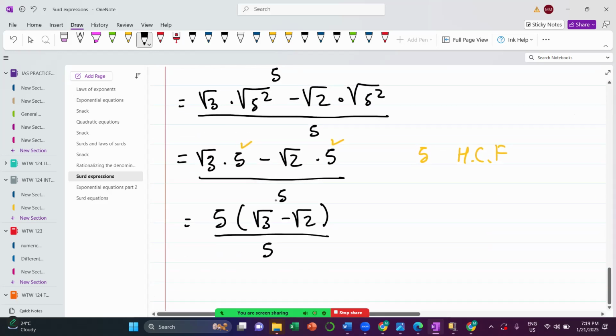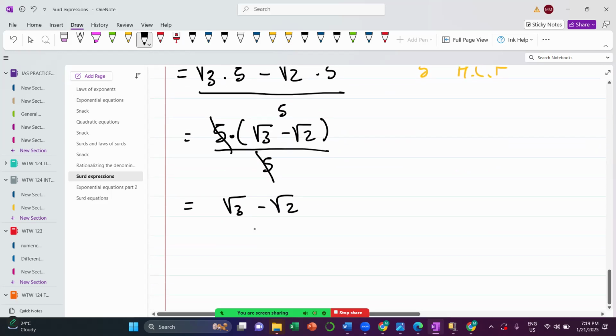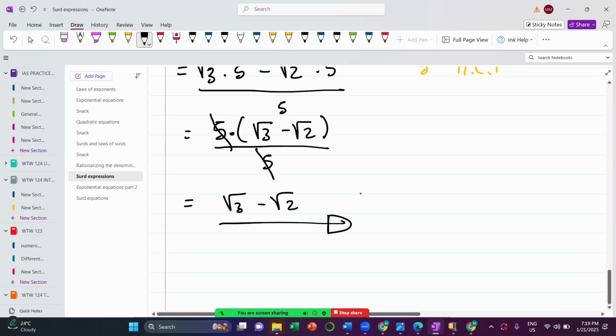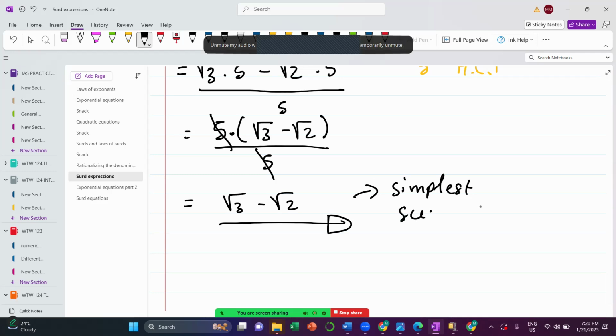And since I have a multiplication sign in between here, whatever is at the top can cancel out whatever is at the bottom. And then I have square root of 3 minus square root of 2. So therefore I've simplified it fully, because this is just the simplest surd form, right?